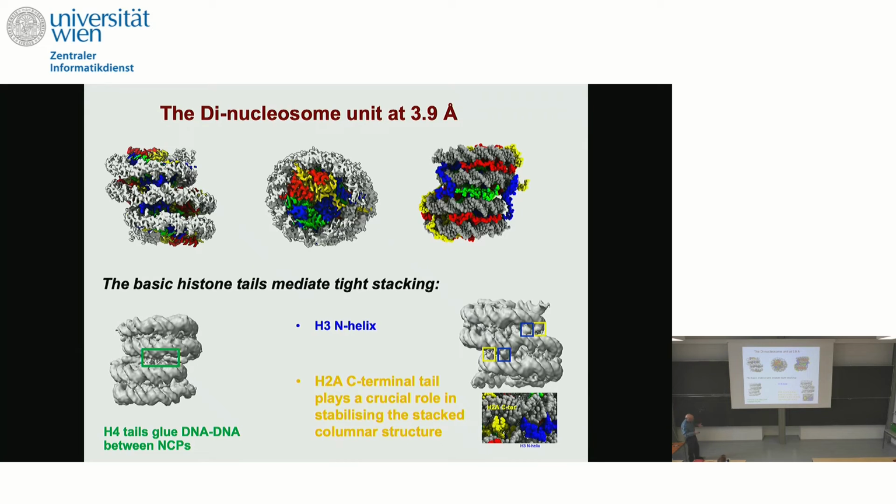But the histone tails are of course crucial in mediating this columnar stacking of the nucleosomes in the telomeric chromatin fiber. But the details of this is very different compared to how the nucleosomes stack on top of each other and are mediated by histones in crystals or in the precipitated NCPs that I discussed previously.